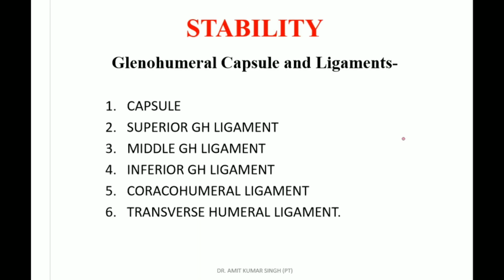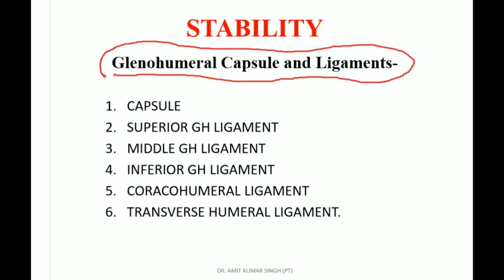Coming to the last topic of part 4, stability. In stability, we are going to look at the glenohumeral capsule and ligaments, which are going to provide stability to the shoulder joint. They are the capsule, superior glenohumeral ligament, GH representing glenohumeral, middle glenohumeral ligament, inferior glenohumeral ligament, coracohumeral ligament, and transverse humeral ligament.